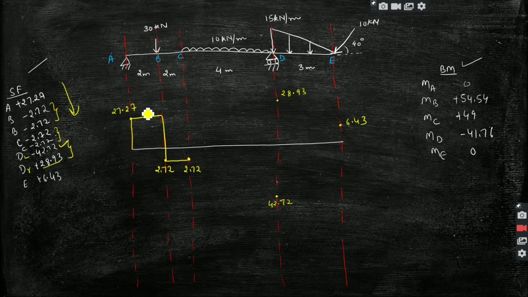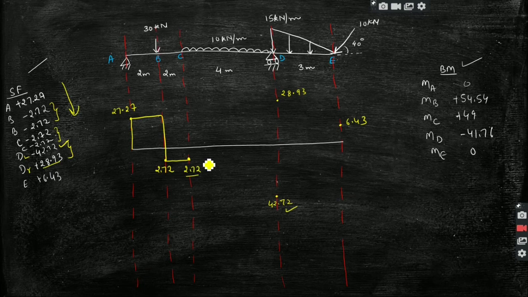Then between C and D, we will go from C to D. So D has two values, 42.72 and 28.93. You will not join 2.72 with 28.93. You will join it with this 42.72 because we are moving in this direction. So first we are moving from A to E, so we will first take the left side, then the right side.